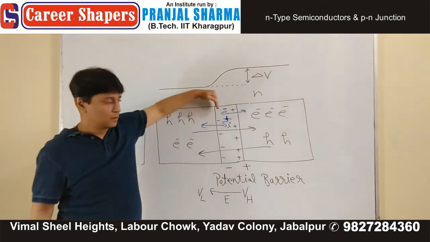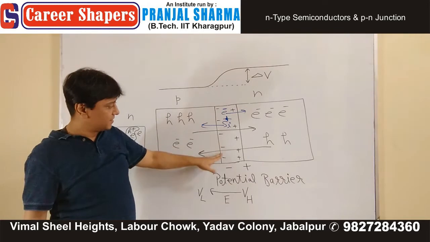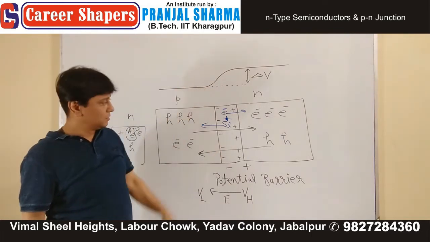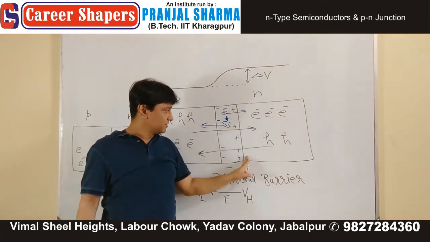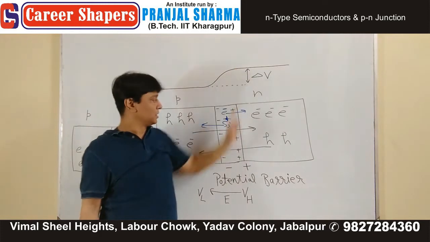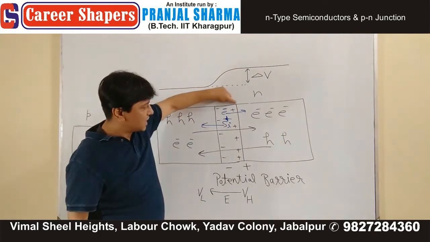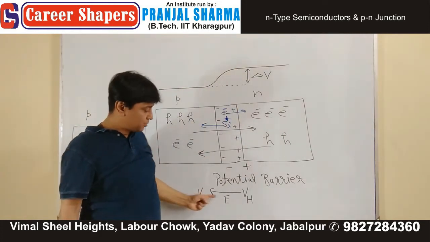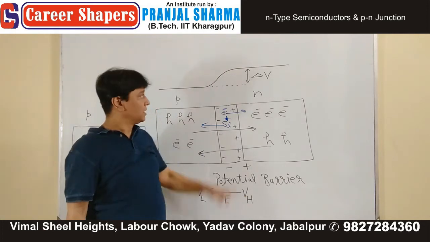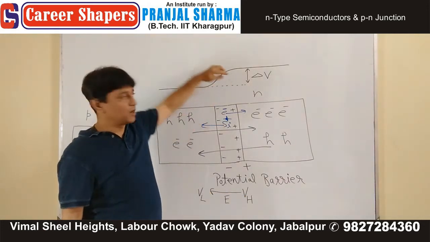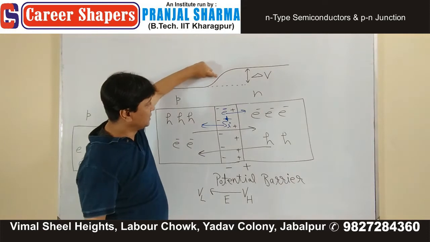Over here, this side is negative, low potential. This side is positive, high potential. You're moving in this direction, opposite to electric field. When you move opposite to electric field, potential increases.